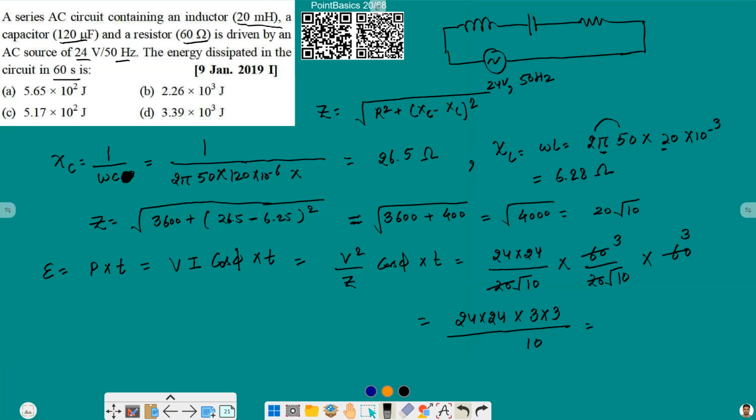So this will give us 5184 divided by 10, or 518.4, and we can write it as 5.18 into 10 raised to power 2 joule, and that matches with option C.